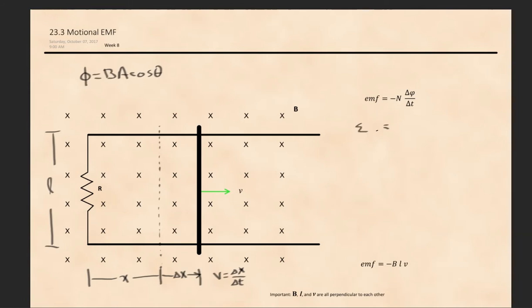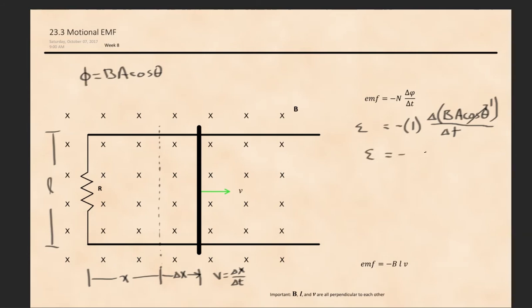So what is the EMF produced by that changing flux? In this problem, there's just one loop of wire. We're looking at the change in flux, BA cosine theta. But again, theta is 0, so cosine of 0 is 1, over change in time.